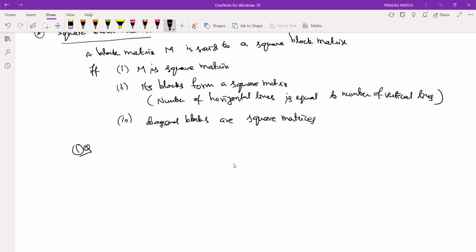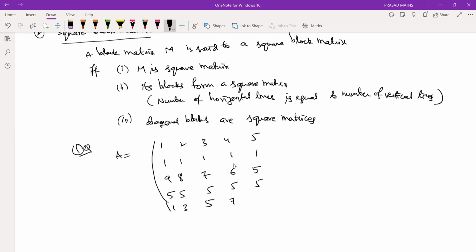Example, suppose you take this: 1, 2, 3, 4, 5, 1, 1, 1, 1, 1, and 6, 7, 5, 5, 5, 5, 5, 5, and 1, 3, 5, 7, 9.